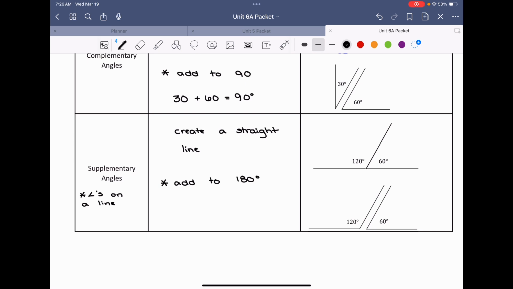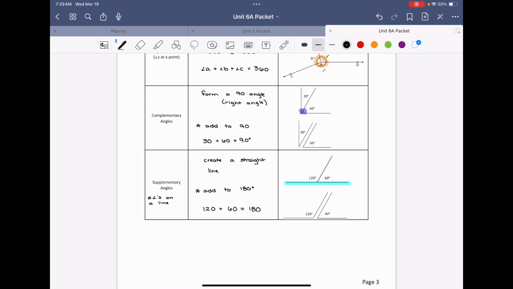So for example, here's our straight line. So 120 plus 60 would give us 180. Okay, that is all for this lesson.